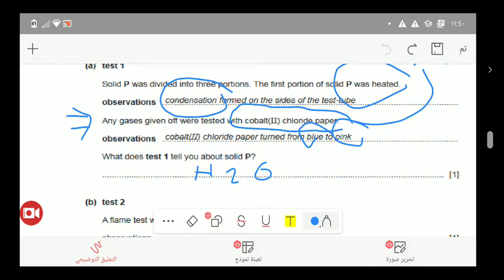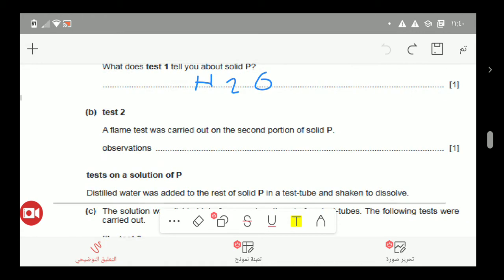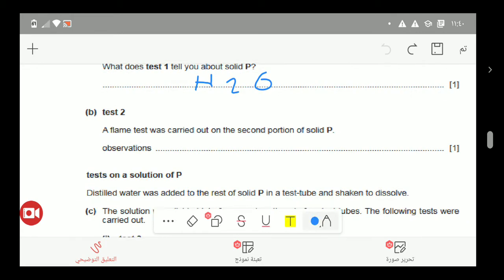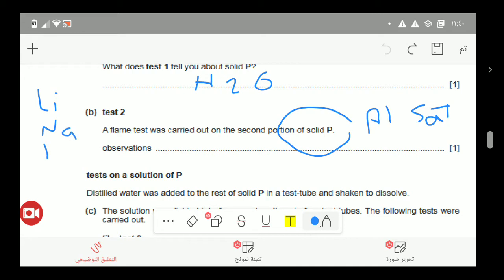Next, test 2: a flame test was carried out on the second portion of solid B. Remember that solid B is an aluminum salt. Flame tests we studied deal with elements such as lithium, sodium, potassium, and copper.